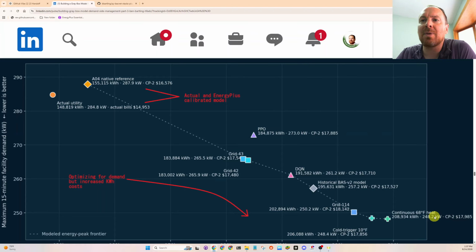I think I had one model that got all the way down to 208 kW. So when you run the building continuously, your demand charges drop, but your electrical energy usage increases. And you can kind of see that in here.